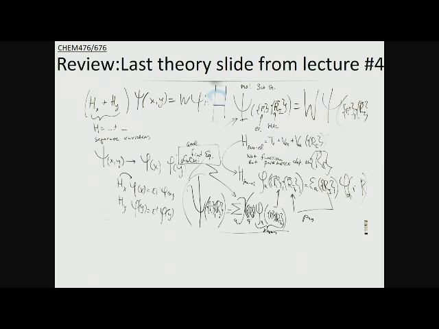And this ridiculously simple homework is the last time when you will probably practice building the molecular Hamiltonian and looking at the terms, just as a review of what we did before.